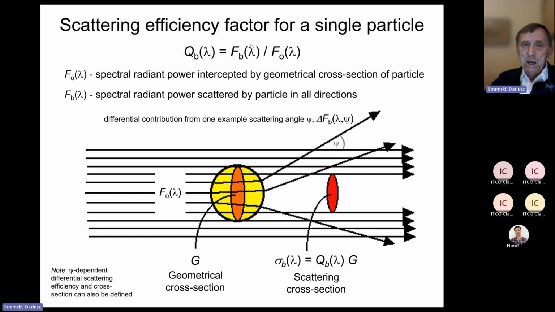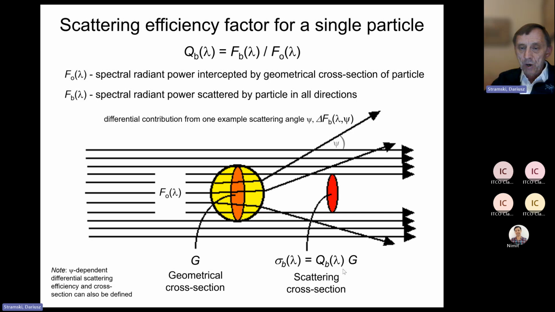And the ratio of that scattered power to the incident power intercepted by the projected area is defined as the scattering efficiency factor. Again, this is a dimensionless quantity. We can also define a similar quantity for a specific scattering angle. We would call it the differential efficiency factor, because it is associated with power scattered in a specific direction.